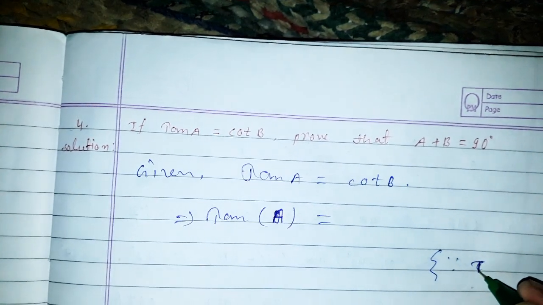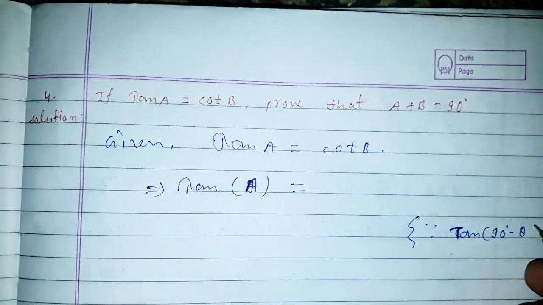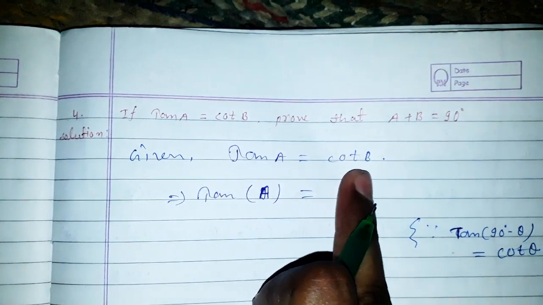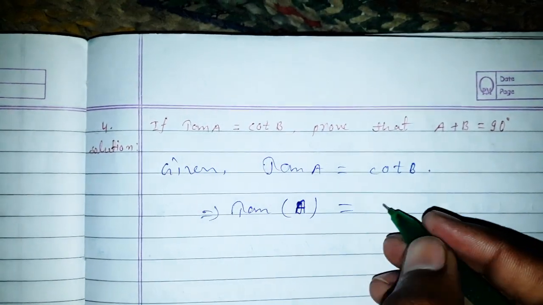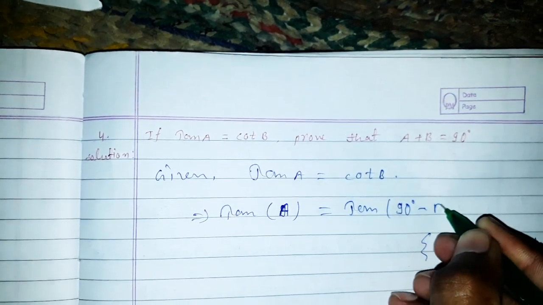Tan 90 minus theta is equal to cot theta. So write this value this way: this is tan 90 minus B.